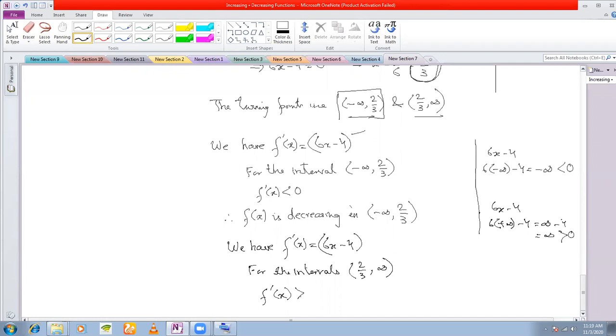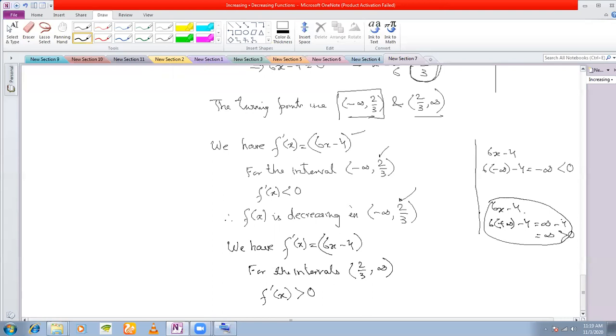So f dash x is positive. You will not write all this here; this is only to show you. You'll do this in your rough if you're taking infinity, because we actually cannot calculate with infinity. Even if you are showing here, try to take numbers that are very close to 2/3.